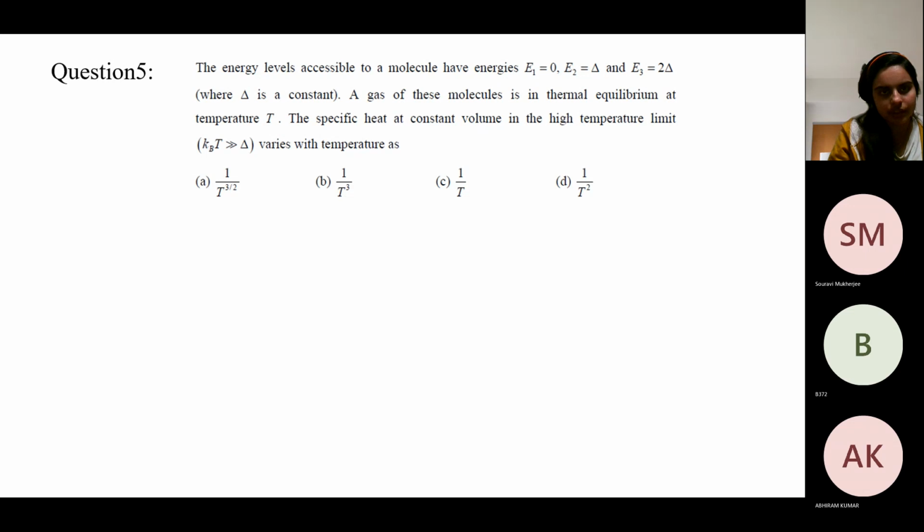One is we can use the free energy to find the average internal energy and do a derivative to find the specific heat, or we can get the temperature dependence of the specific heat directly from the free energy, right? So first we will find the expression for the partition function, correct? So what would be the expression for the partition function?